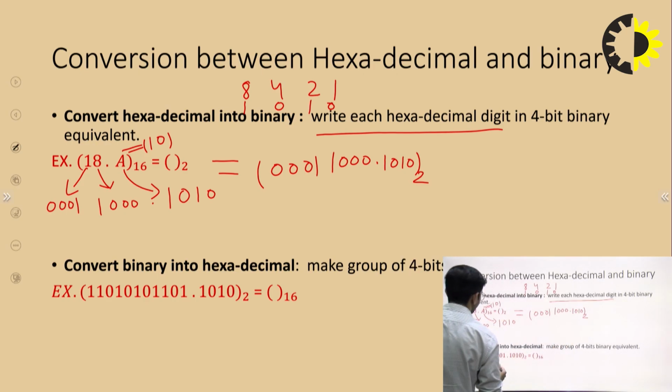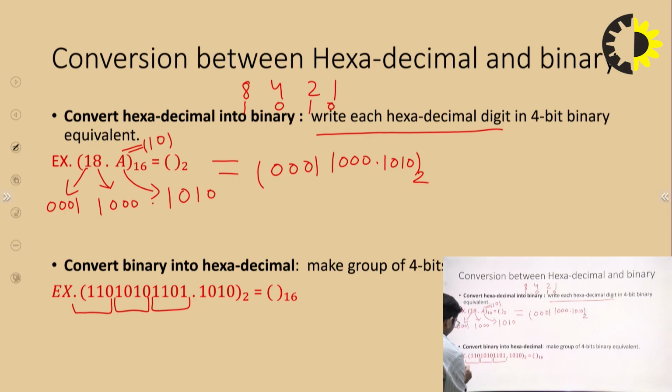Next, how can we convert a binary number into hexadecimal? We have to make groups of 4 bits. In octal we made groups of 3 bits, but this is hexadecimal, so we make groups of 4 bits. These 4 bits are paired, these 4 bits are paired, but there are only 3 bits, so we can append a 0 at the end. Similarly, for the fractional part, 4 bits are available, so we group them together.